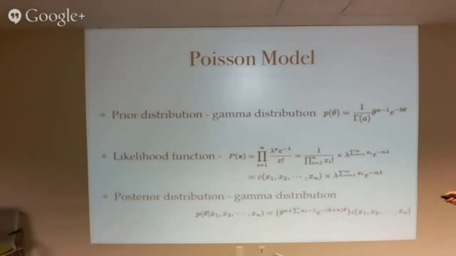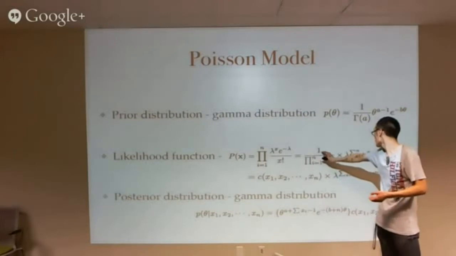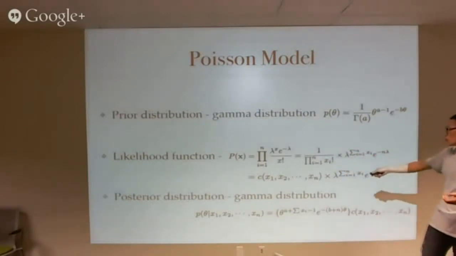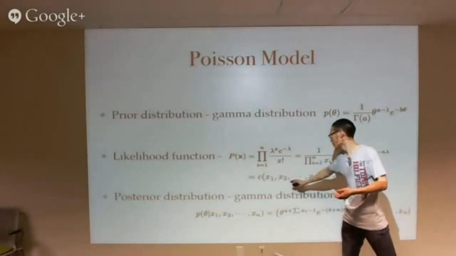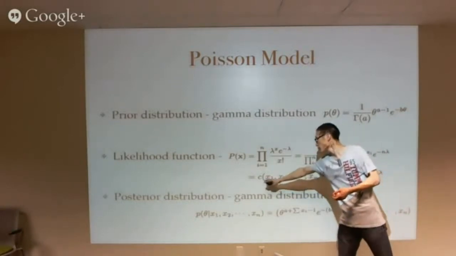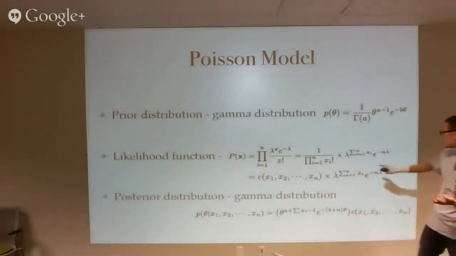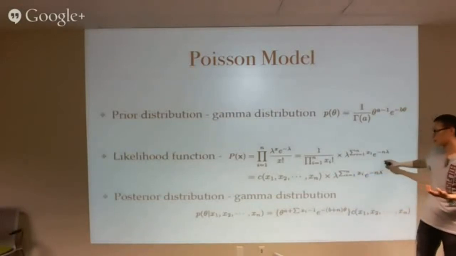And the likelihood function, we find the multiplication of the single Poisson distributions. Because this part doesn't depend on lambda, it only depends on the data, so we just write the function c of x1 to xn, and it times the other part here, right?